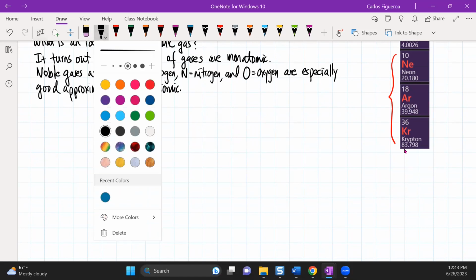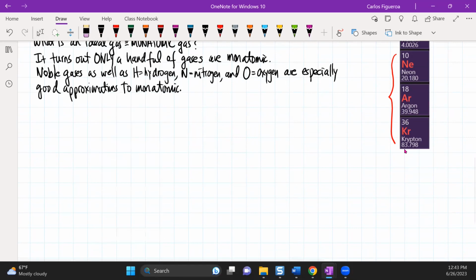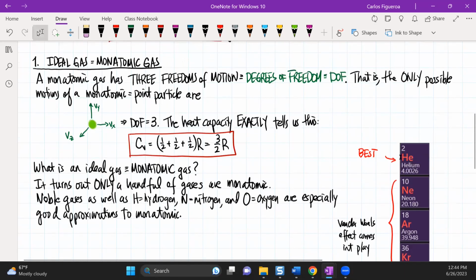So in some sense, what ends up happening is you get this terrible equation called the van der Waals effect, which comes into play. And that's because they're large. Not the case for helium.